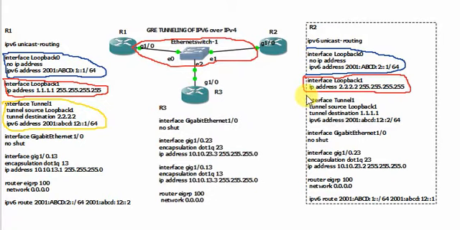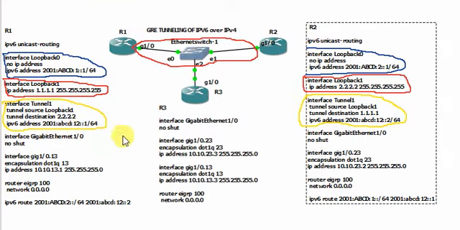And we are also assigning an IPv6 address on the tunnel. We are putting 2001:ABCD:12::1/64, and on the same network, 2001:ABCD:12::2/64.